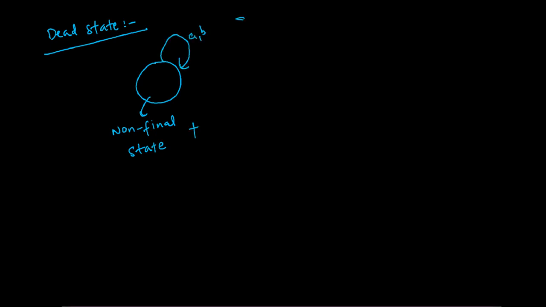So if the alphabet is A and B, then it is a non-final state plus all moves to itself. That's what the dead state is. Now let us take some actual languages and try to construct DFAs for them to make things clear.